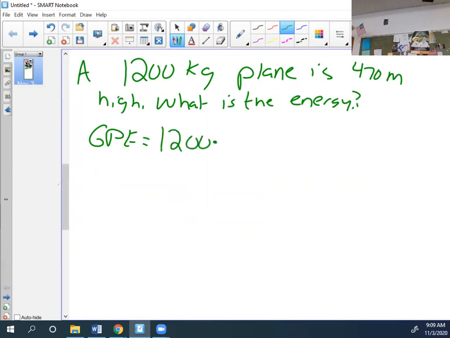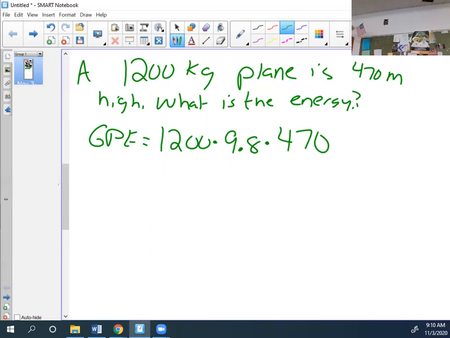Times what's gravity? 9.8. That's just a number you've got to remember. Times, what's the height? 470. So there's no spring, no nothing with this one. This one you put straight in your calculator.